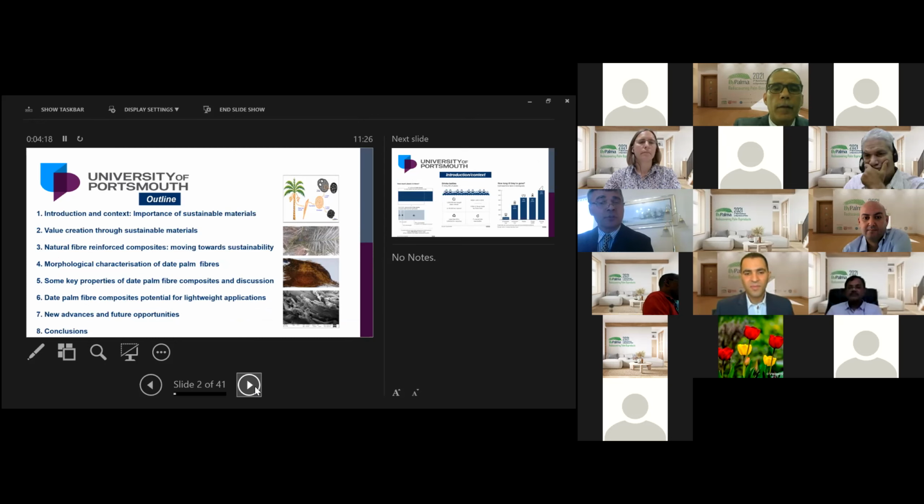Then also the key topic is morphological characterization of dead palm fibers. Then obviously some of the key properties of dead palm fibers and composites and some discussion. Then I'll be also looking at some potential applications of dead palm fibers and some new advances, how we can make dead palm fiber more compatible to the industrial need, how we can improve the performance, and then conclusion.